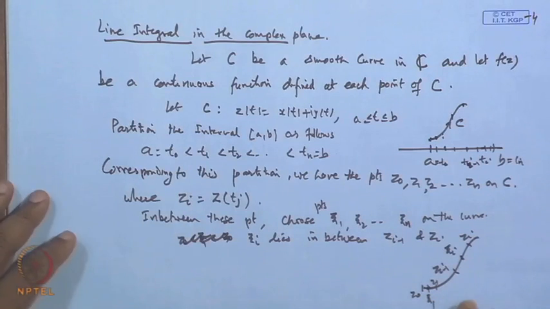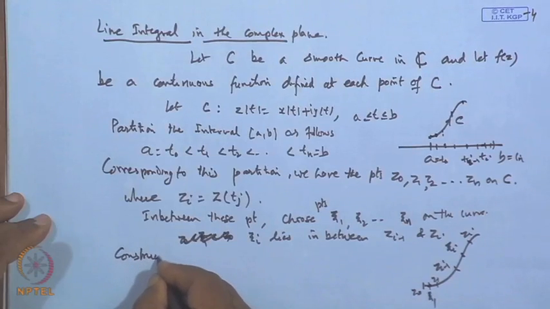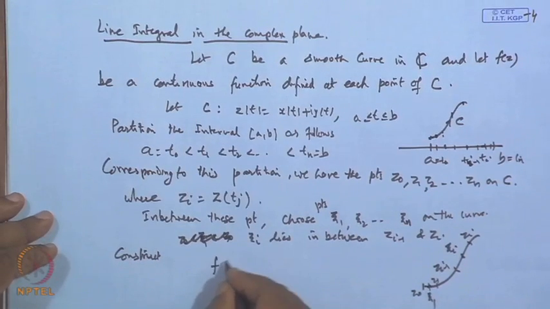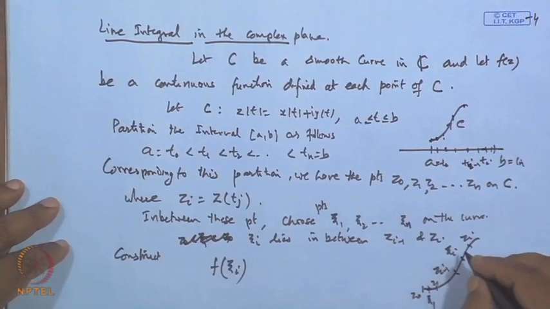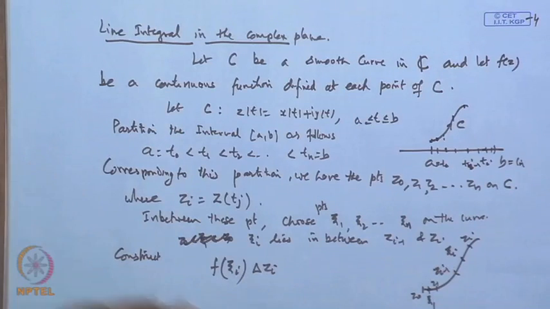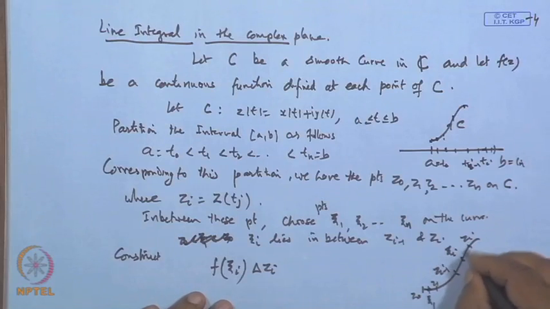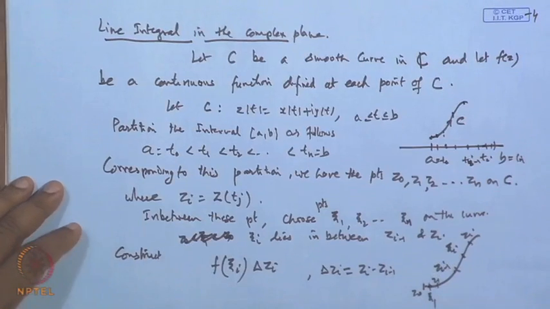Now, construct this sum: the value of the function at the point ζᵢ multiplied by Δzᵢ, where Δzᵢ = zᵢ − zᵢ₋₁.